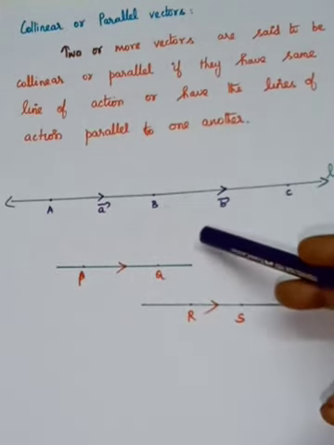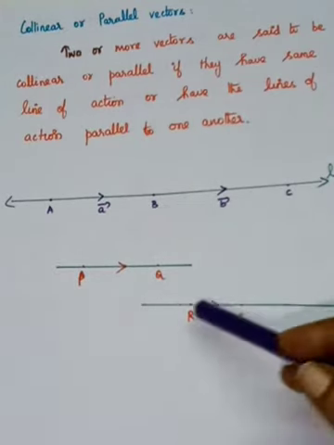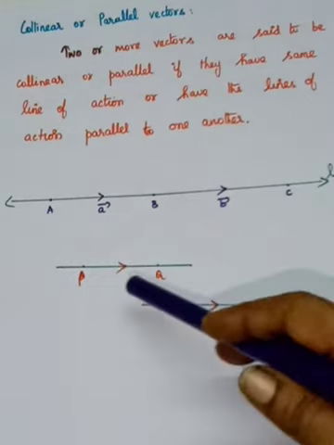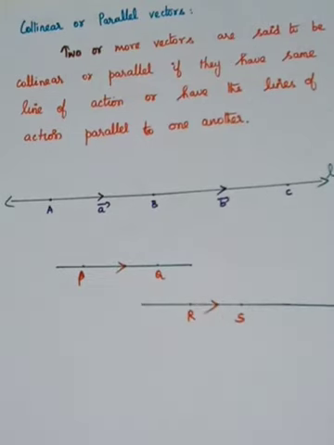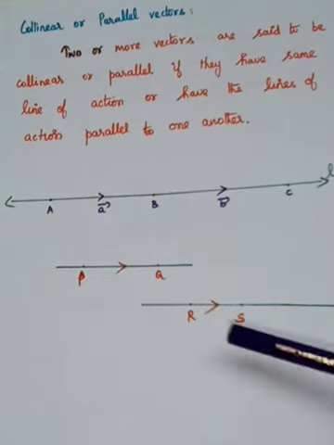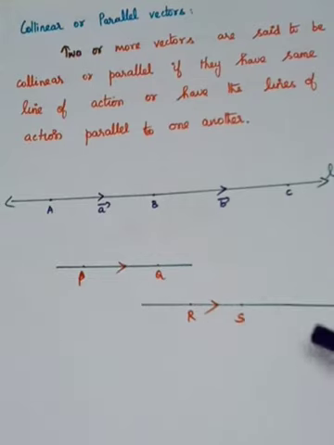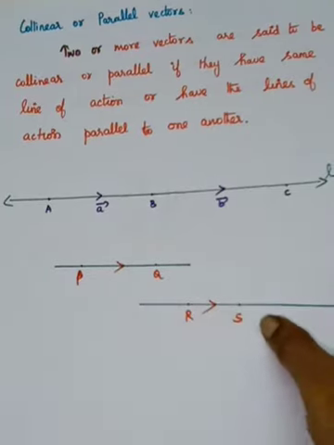They act on parallel lines. So collinear means those vectors act on the same line, and parallel vectors means those vectors act on parallel lines. So PQ vector and RS vector are parallel vectors, while AB vector and BC vector are collinear vectors.